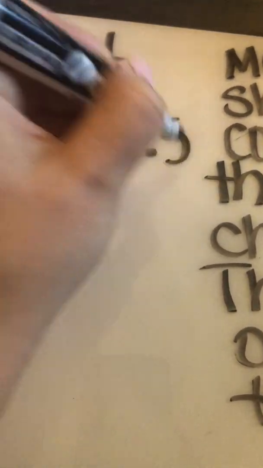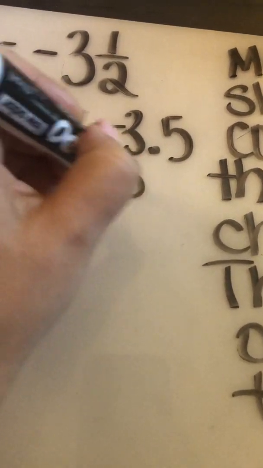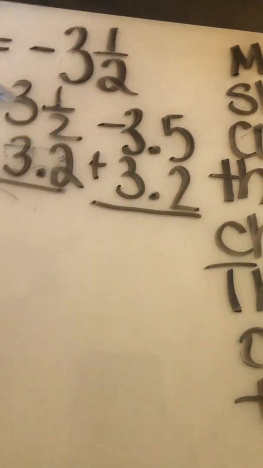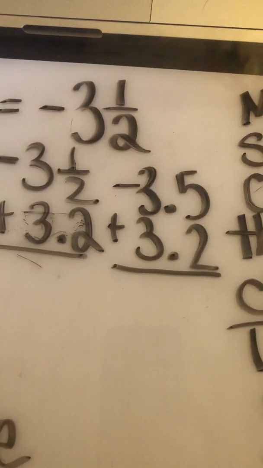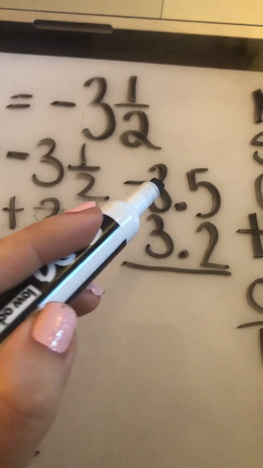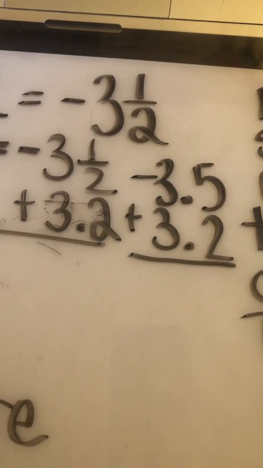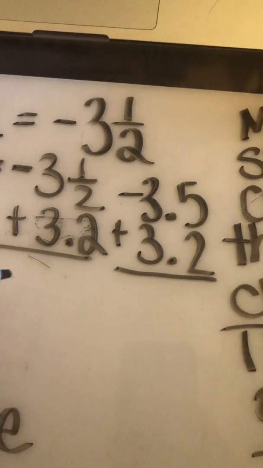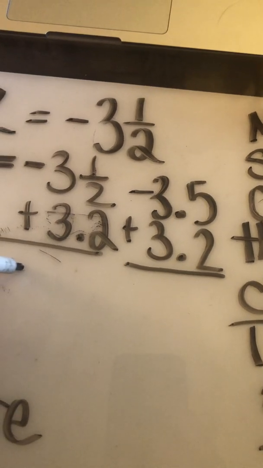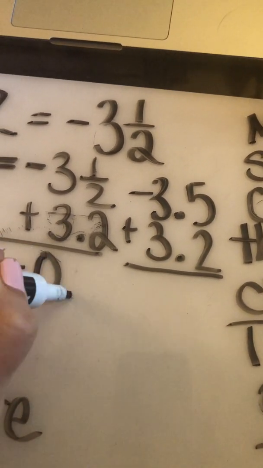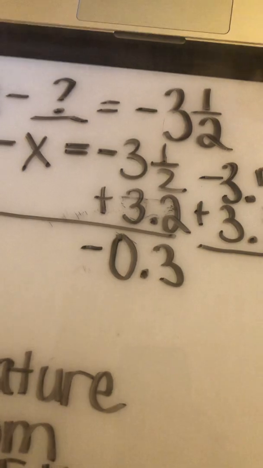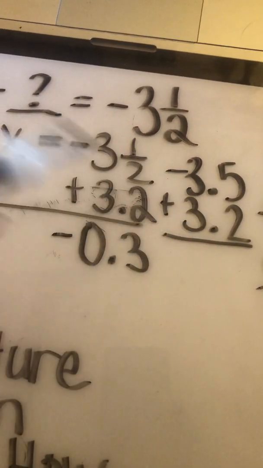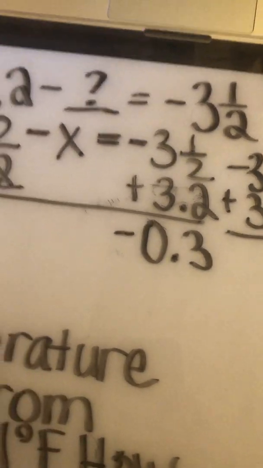So I'm going to rewrite that over here. And then this calculation, all of you should be able to do in your calculator. Negative 3.5 plus 3.2 is going to leave us with negative 0.3. Okay? Because they're different signs, so we subtract and we keep the sign of the bigger number.